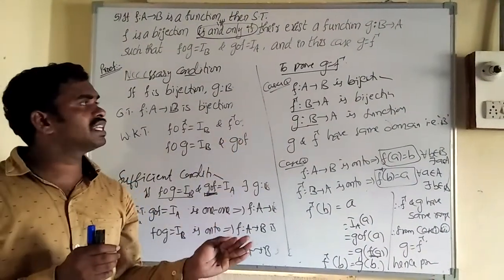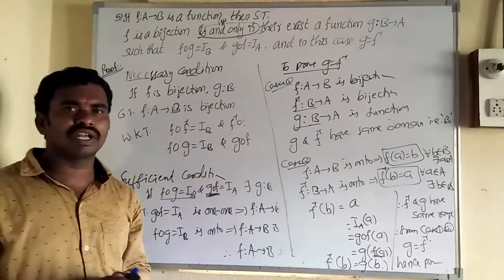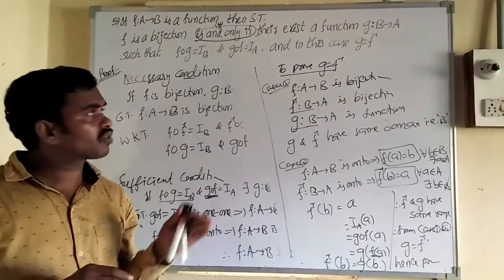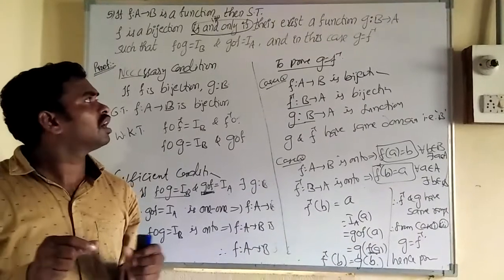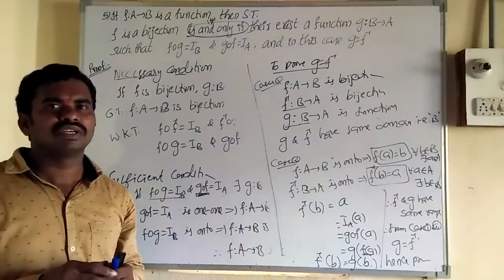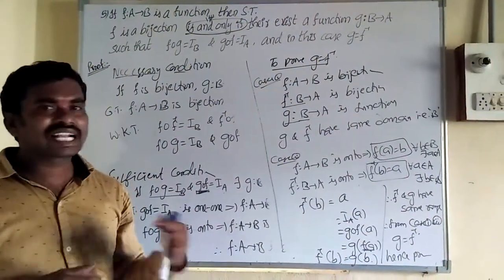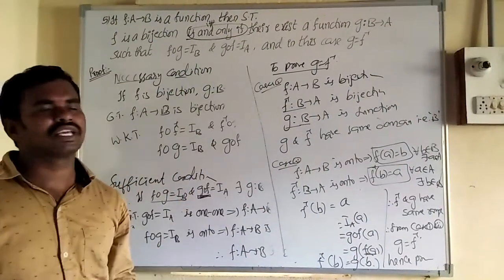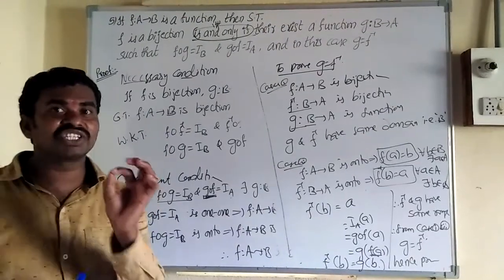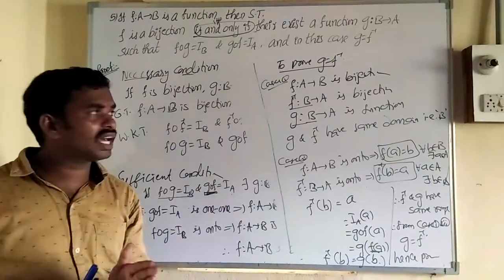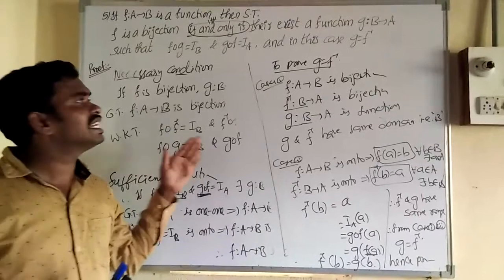Similarly, after getting the second one, go to the third question. After preparing a question, take a paper and write down the proof of the first theorem. Check it, and if it is clear, then go to the second theorem. Time is not important. Learning perfection is important in this. If you learn perfectly, these are very easy.